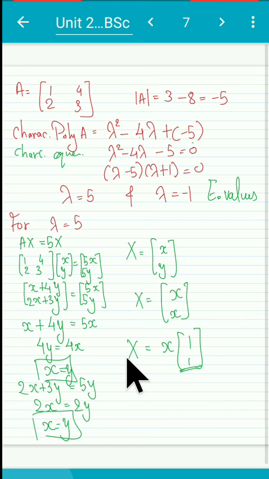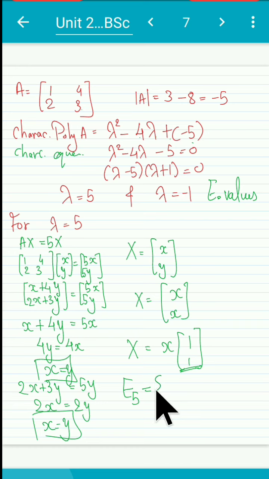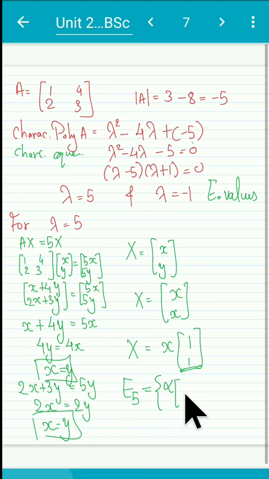So I got that x is any vector which is a multiple of this (1, 1). So my E of lambda, or I will write E of 5, that will be more precise, right? My eigenspace for eigenvalue 5 for this matrix A is alpha times (1, 1), where alpha is any real number, correct?